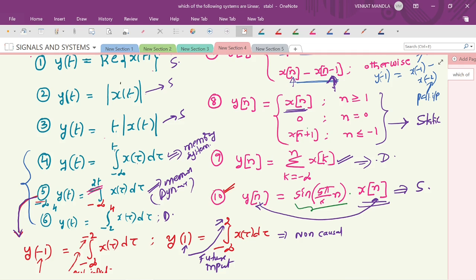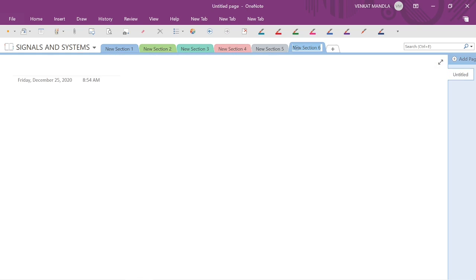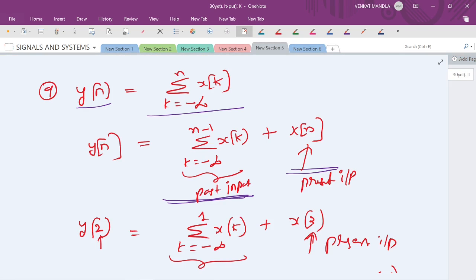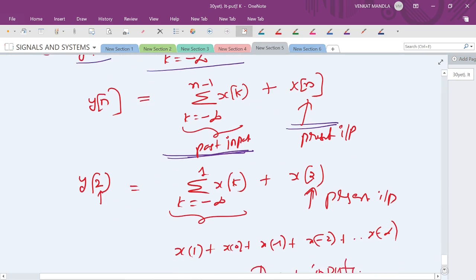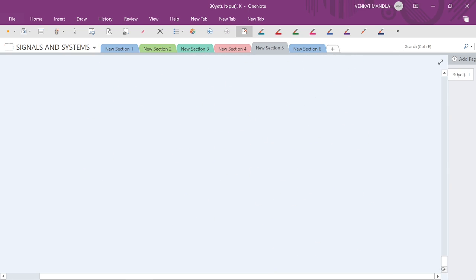Now I want to give some examples for invertible and non-invertible systems. Okay, so with this I will conclude this classification of systems.